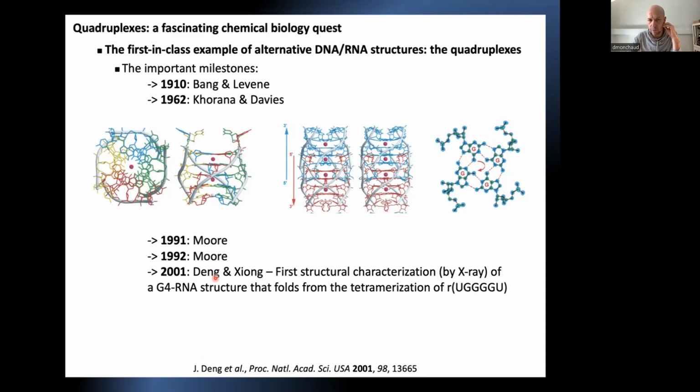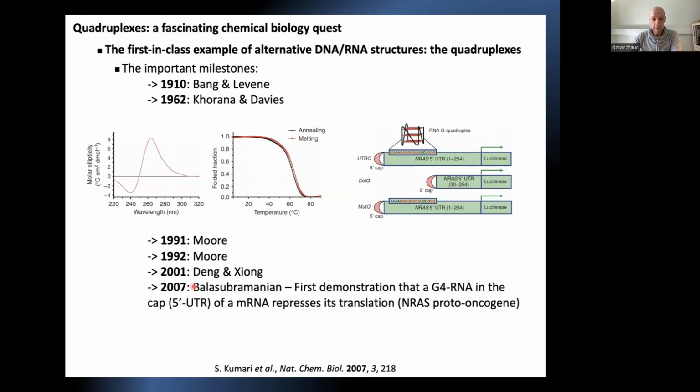I think it's the very first crystal structures of RNA quadruplexes. Then in 2007, still the group of Shankar provided the first demonstration that a quadruplex within an RNA sequence can modulate the expression of the gene. So it's just like the demonstration provided by Early in 2002. The quadruplex was in the promoter region of a gene.